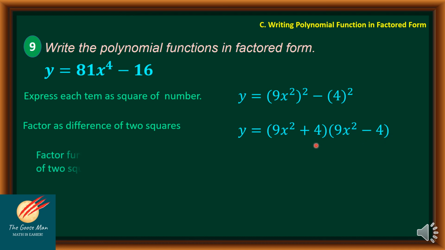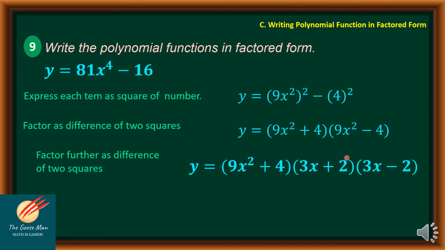However, I can factor 9x squared minus 4 as the difference of two squares. Meaning to say, I'll retain 9x squared plus 4, but 9x squared minus 4 can be factored as, okay, take the square root of 9x squared, which is equal to 3x. I'll distribute this one here, 3x and another 3x, while the square root of 4 is equal to 2.